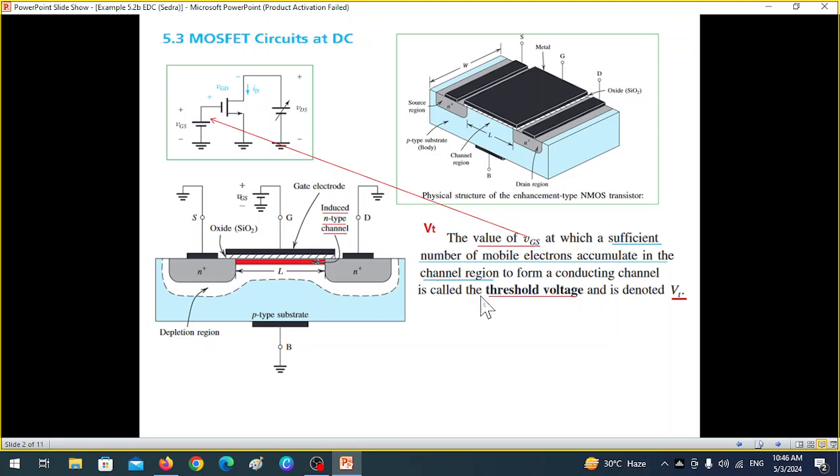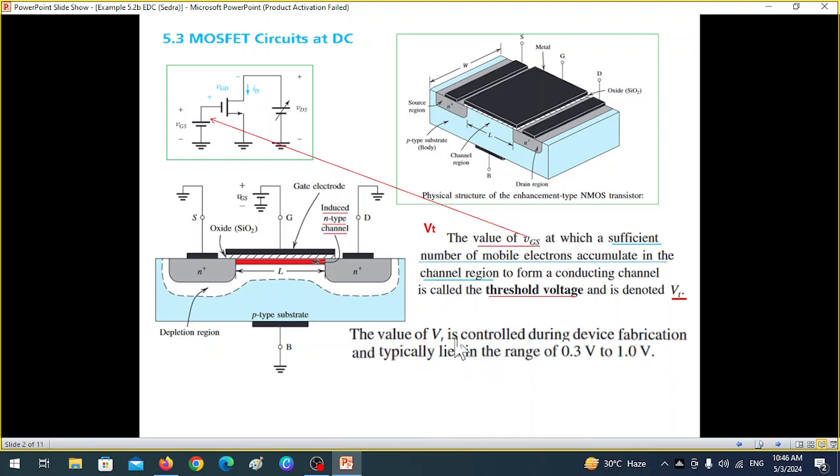The voltage at which this forms a conducting channel is called the threshold voltage, and it is represented by small VT. So this is the threshold voltage you have to keep in mind.